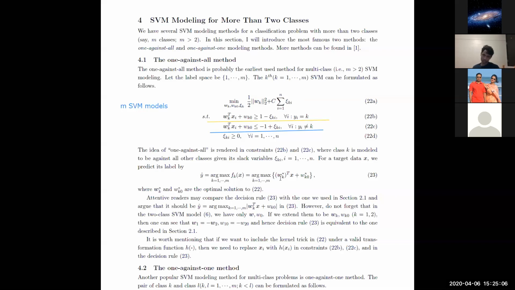Each fK(X) uses the model for wK, which is wK star, and the model for wK0 star. I'm gonna substitute this wK star and wK0 star into my decision function. And then I'm gonna take which one gives me the biggest value in the decision function, and predict this label.